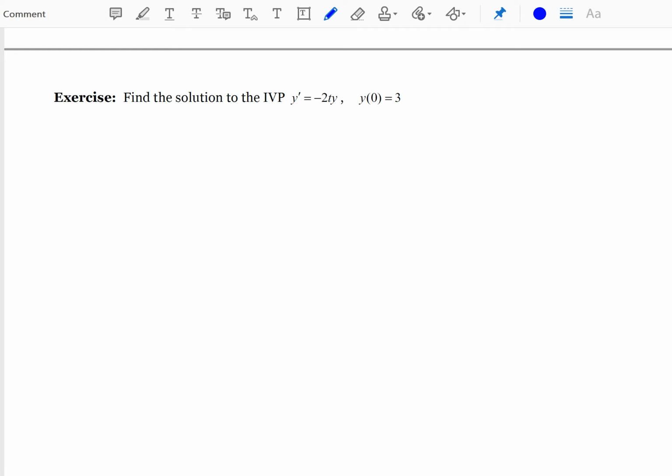Our first step in our process, again, is to find any equilibrium solutions. To look for equilibrium solutions, we want to think of this differential equation as a product of two different functions, g of y and f of t.